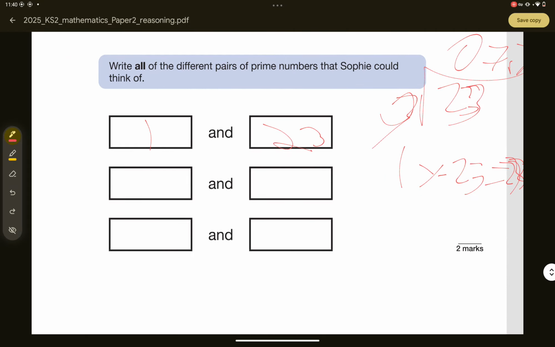And then 7 is a prime number. So 17 divided by 3 isn't possible because 18 is in the 3 times table. So 17, and then 19, again it isn't in the 3 times table because 18 is. So 19.